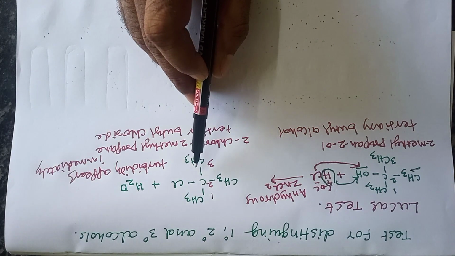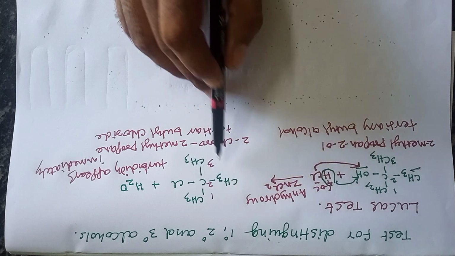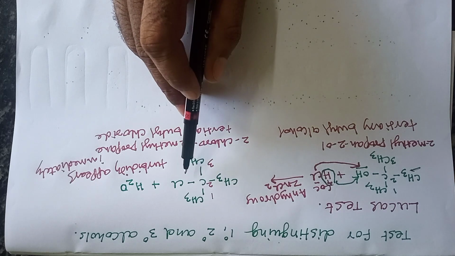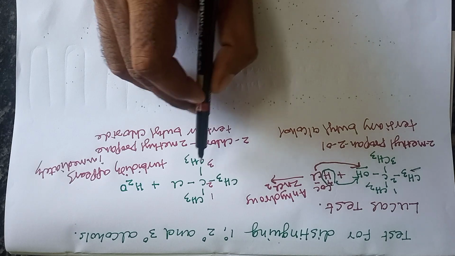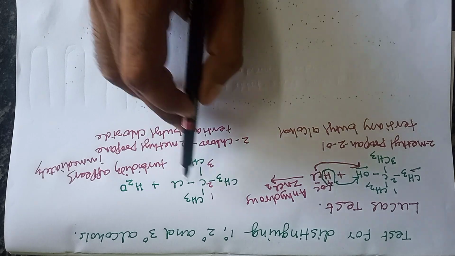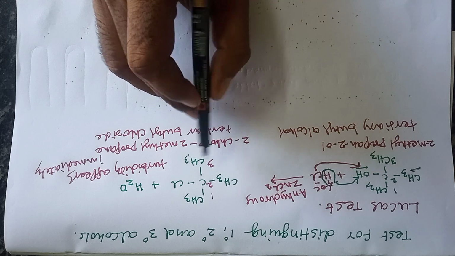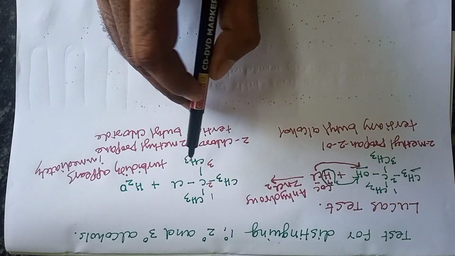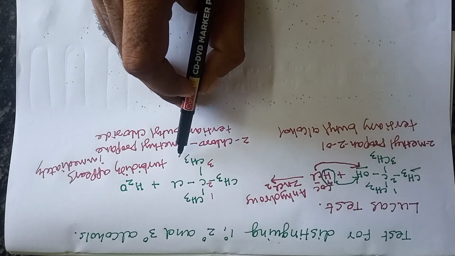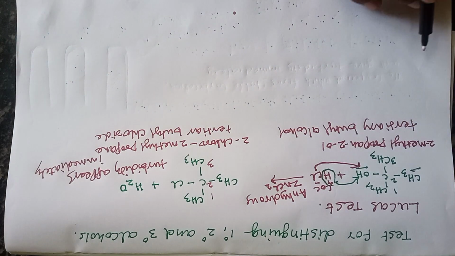Due to the formation of alkyl chloride, which is insoluble in water, or not miscible with water. So due to this formation of alkyl chloride, turbidity appears immediately.